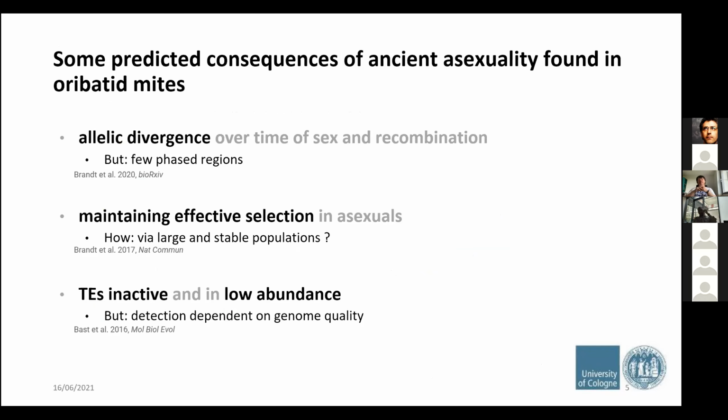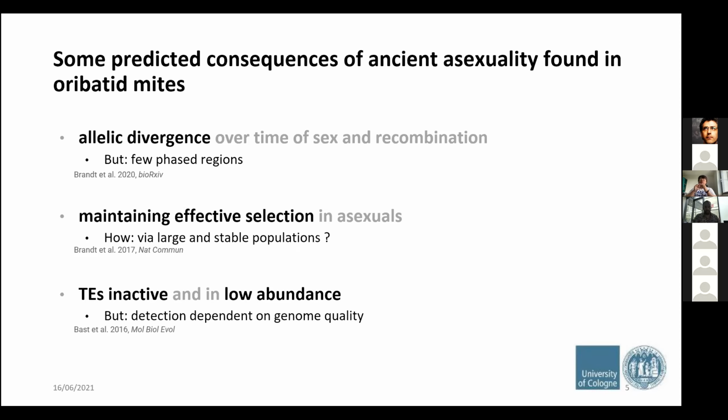Prevalence studies on various asexuals allow predictions of the potential consequences of ancient asexuality. People find allelic divergence over time in the absence of sex and recombination, but they use few phased regions, so it's hard to say how extensive.